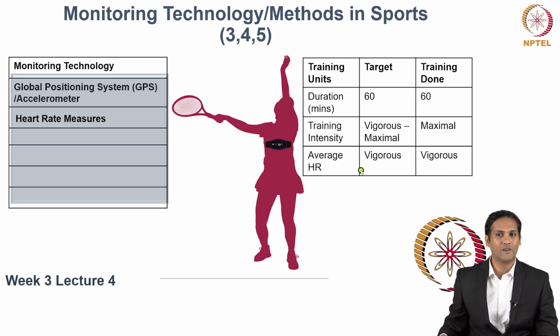Now this gives much more detailed information about the internal load that the athlete has performed. That's how you can use heart rate monitor technology to monitor the internal load of the athlete.